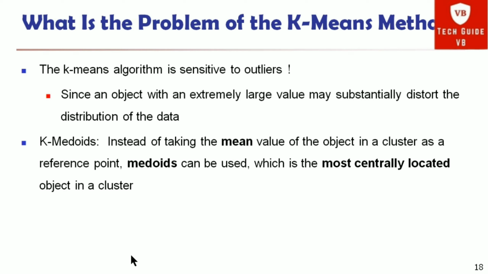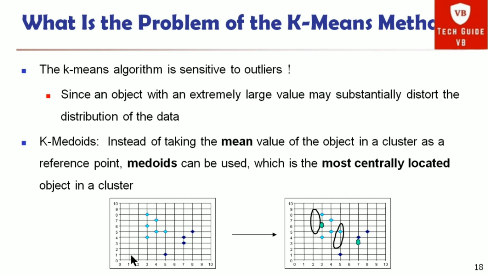So instead of means, we take the medoids for finding the most centrally located object. This is the problem, and this is the solution. The problem of the k-means algorithm is basically solved by k-medoids. This is the diagrammatic view of the problem and the solution.